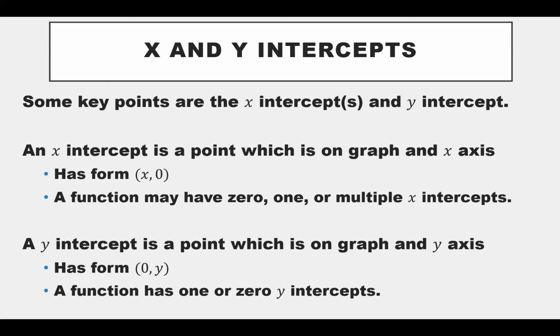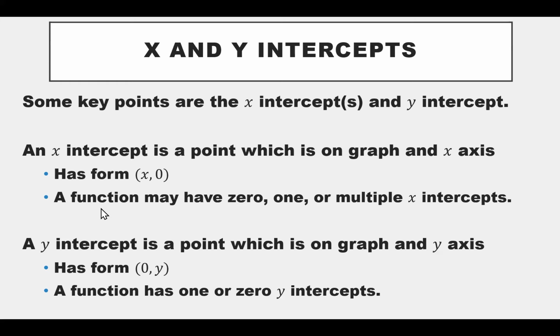That's why it's called the x-intercept. Since all points on the x-axis have the form x value comma 0, any x-intercept is going to have the form x value comma 0. So in other words, for an x-intercept, the y value is always 0.